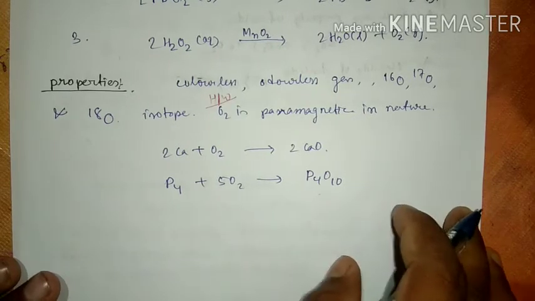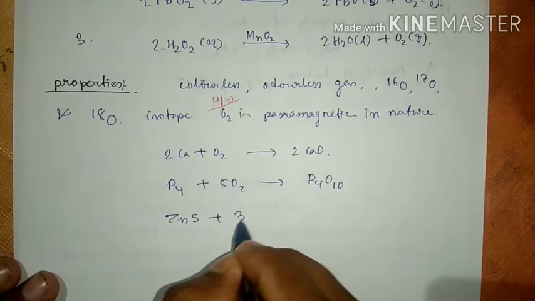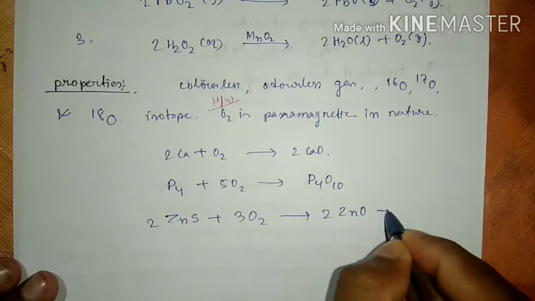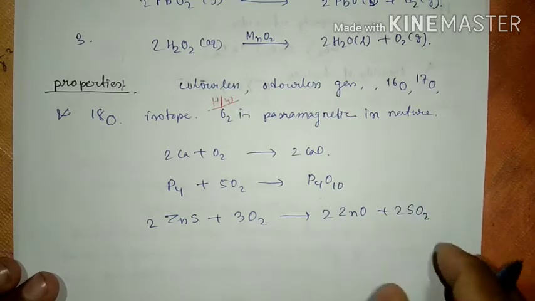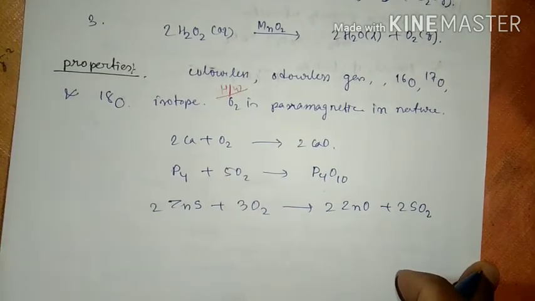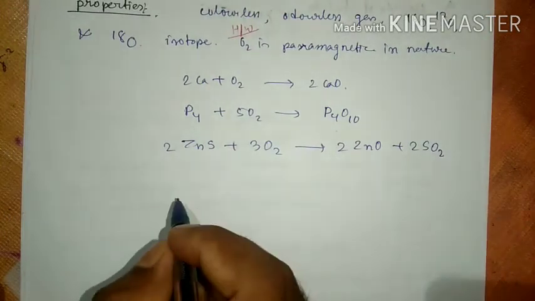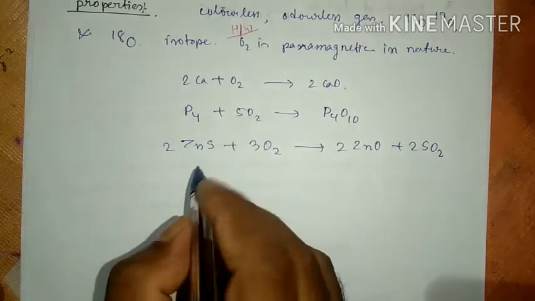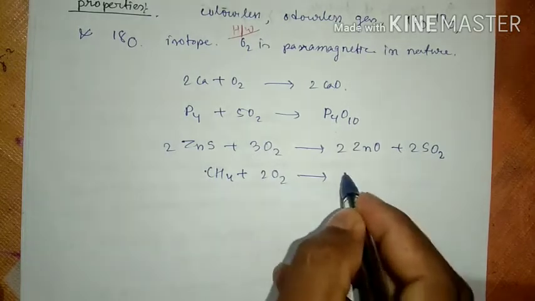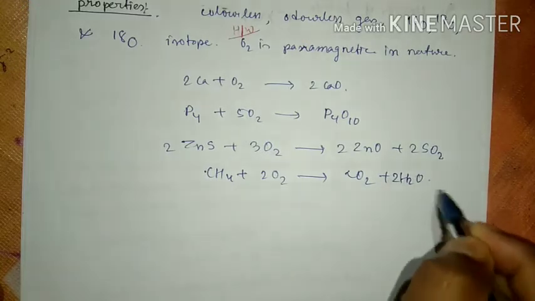Suppose we are using ZnS reacting with 3 moles of oxygen, we get 2 moles of ZnO plus 2 moles of SO2. Some chemically oxidized reactions are in this way. One more common reaction is when methane reacts with oxygen, it produces carbon dioxide plus water.